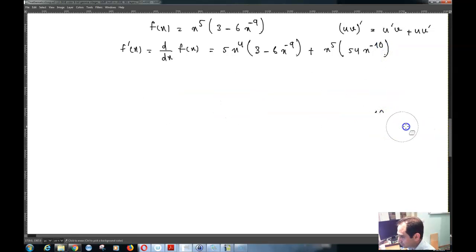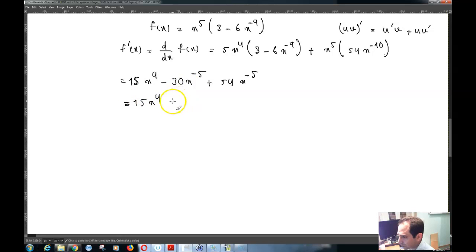And then this is equal to 15 x raised to the power 4 minus 30 x raised to the power negative 5. And here you have 54 x raised to the power negative 5, which is equal to 15 x raised to the power 4, basically positive 24 x raised to the power negative 5.